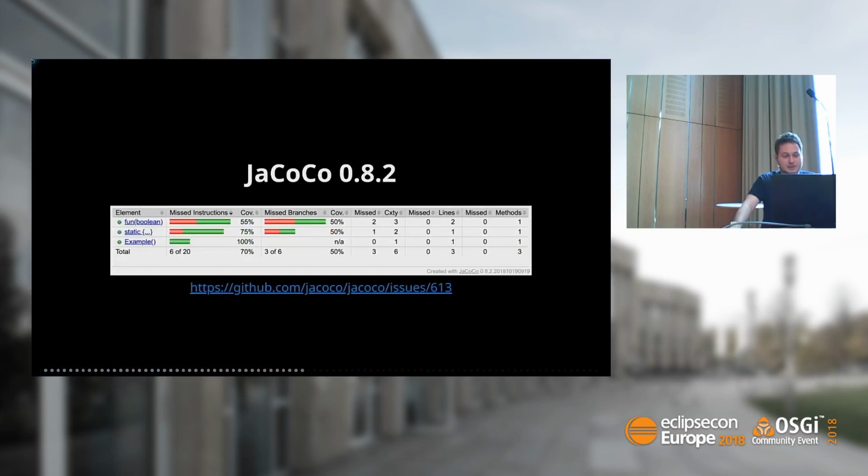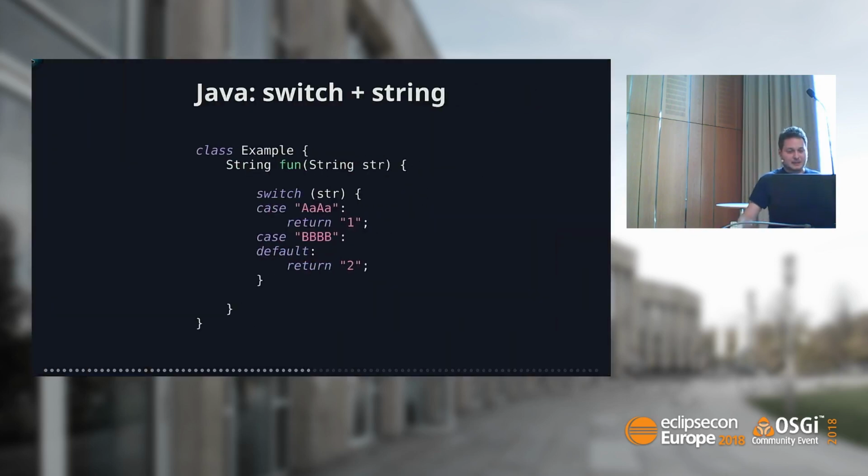Again, what happens here is that a bytecode library will show there are 6 branches, but the user didn't write 6 branches. The user didn't write this first branch which checks whether it's enabled or disabled. And well, this is still an open issue. Hopefully we will resolve it soon.